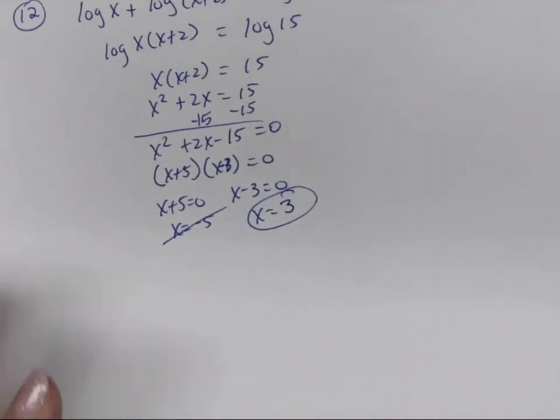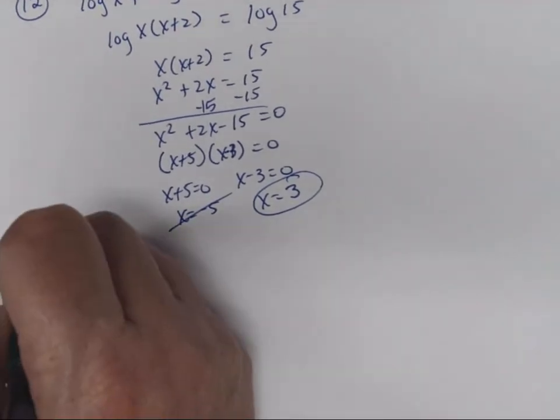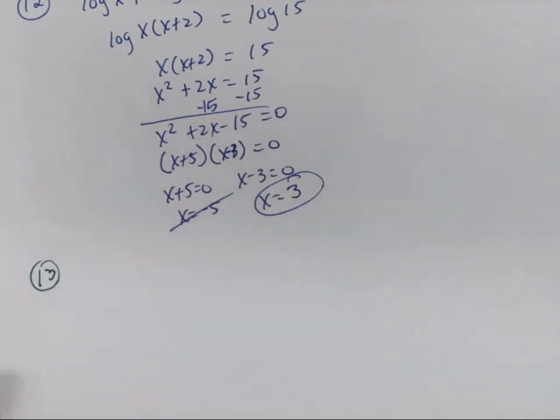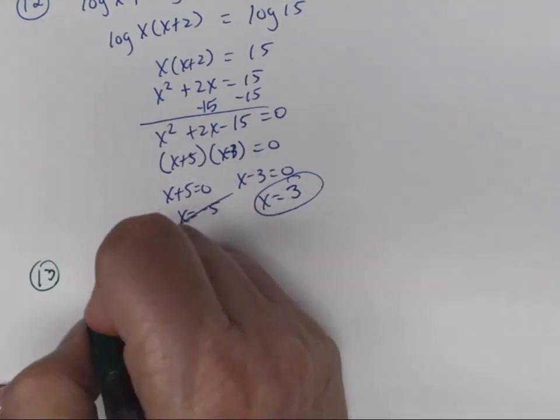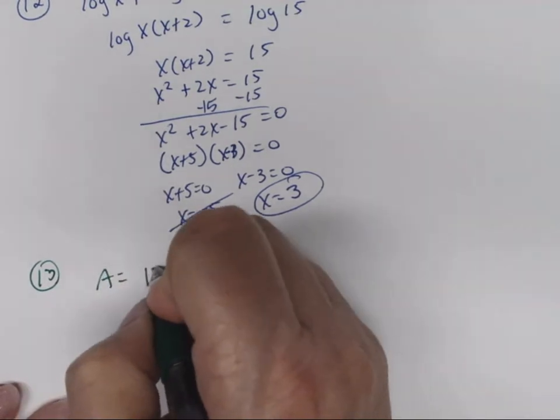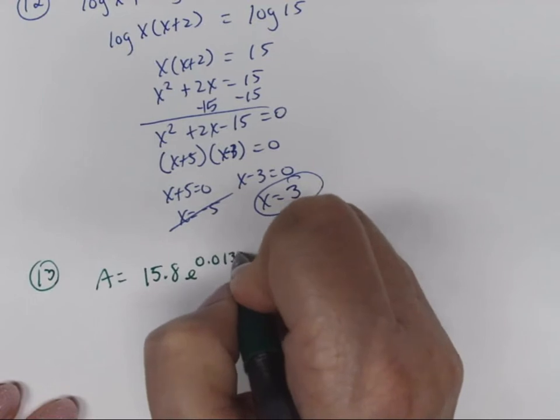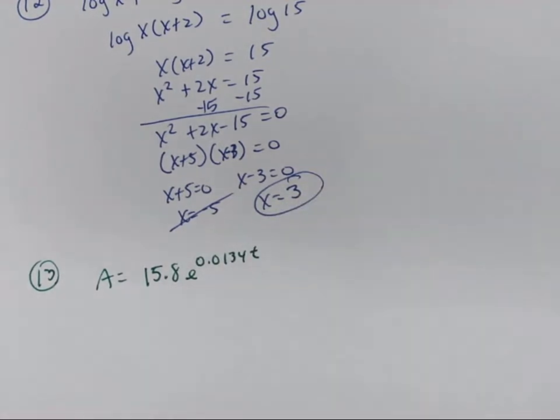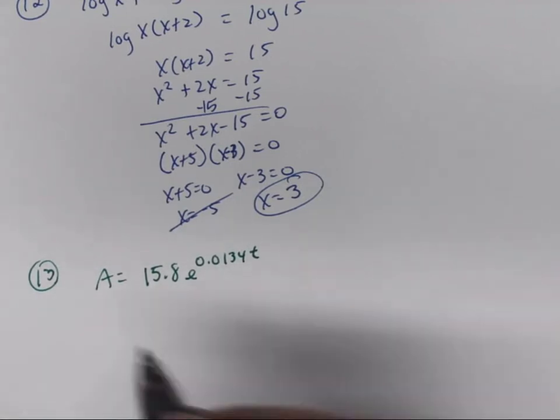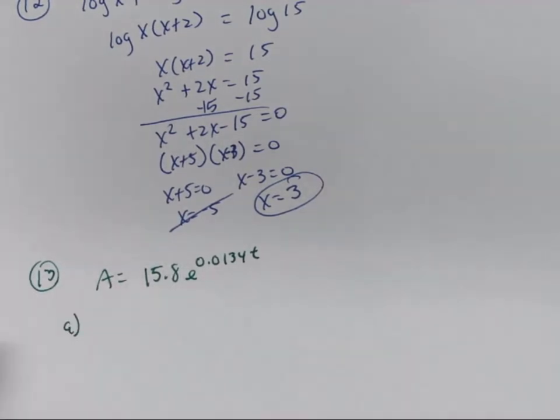All right, next question, number 13. For 13, we're given the formula A is equal to 15.8 e to the 0.0134 t, which models the population of Texas in millions, t years after 2010. So part A asks, what was the population of Texas in 2010?